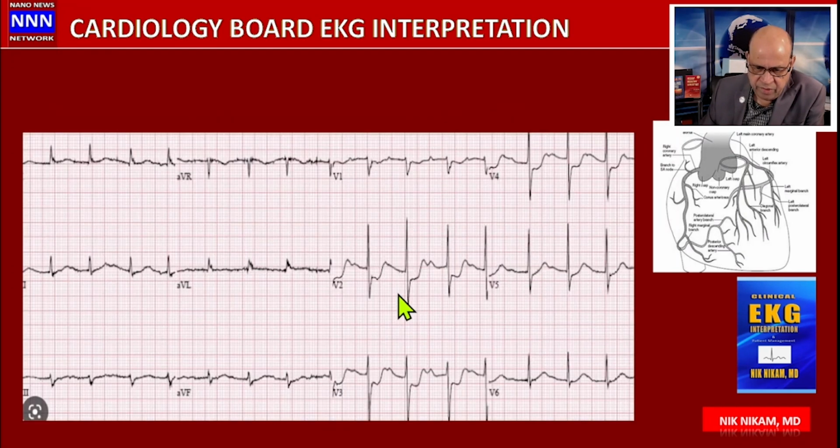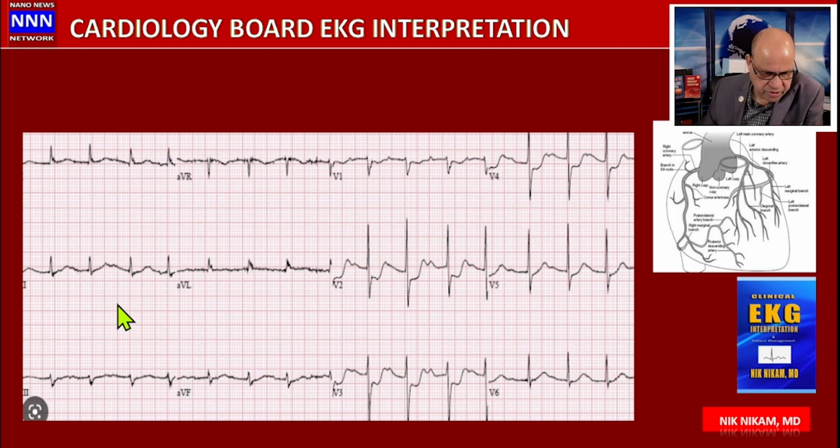And this is similar to what we see here. And this is a reflection of the posterior infarct seen in the anterior chest leads. It is usually related to occlusion of the posterolateral branch of the right coronary artery or the distal branches of the circumflex trunk supplying the posterior wall.